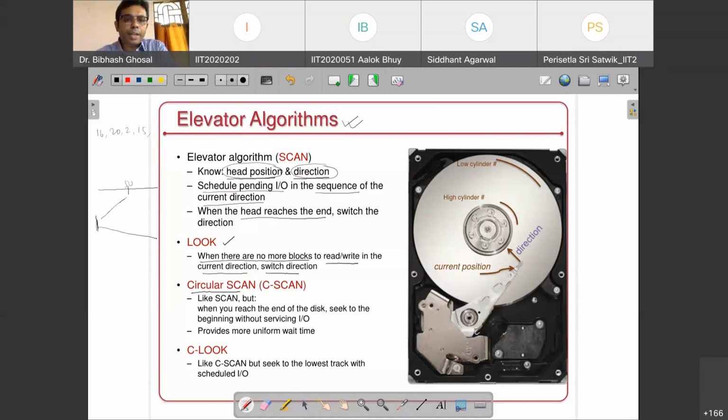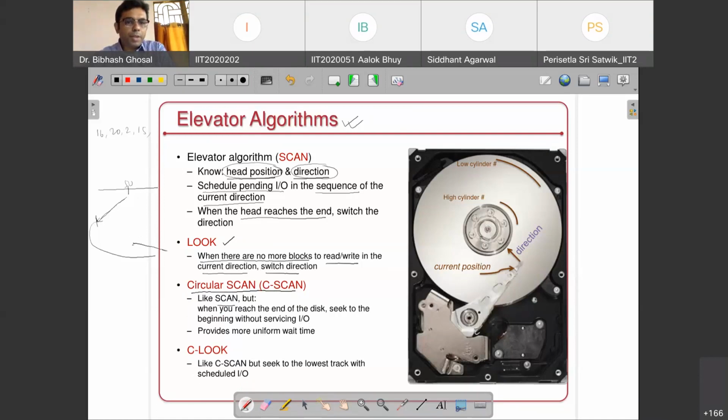Then circular scan. Now, this is an interesting one. It is like a scan. Scan means the standard elevator algorithm. But in circular scan, when you reach the end, you seek the beginning without servicing requests. You just turn around. You reach here, and then suddenly you don't move back along this path, but you start scanning along the other path.